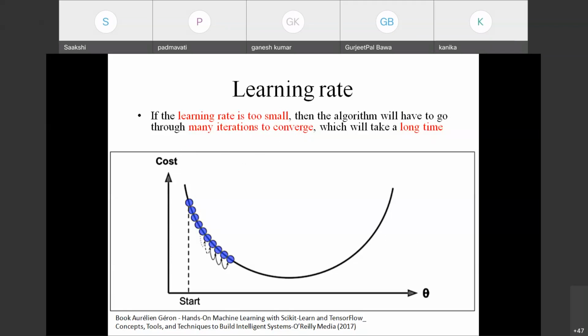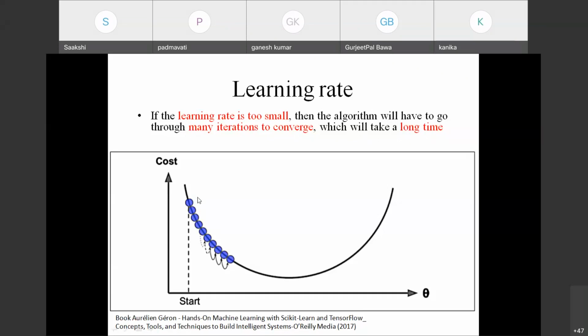Here my desired result is when I get the loss function as 0 or some acceptable value. So if the learning rate is too small, the algorithm will have to go through many iterations to converge, which will take a long time.